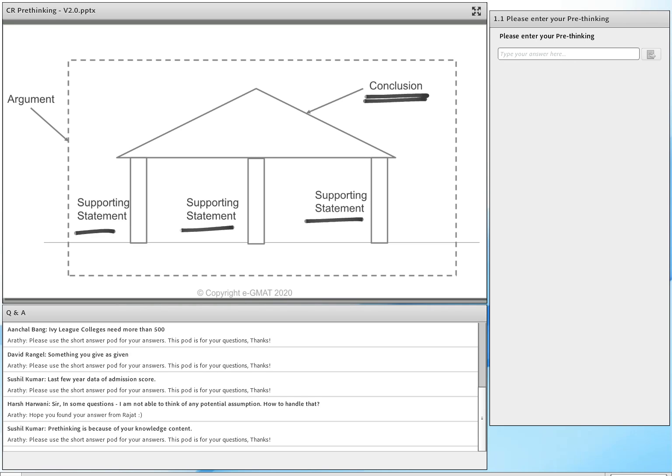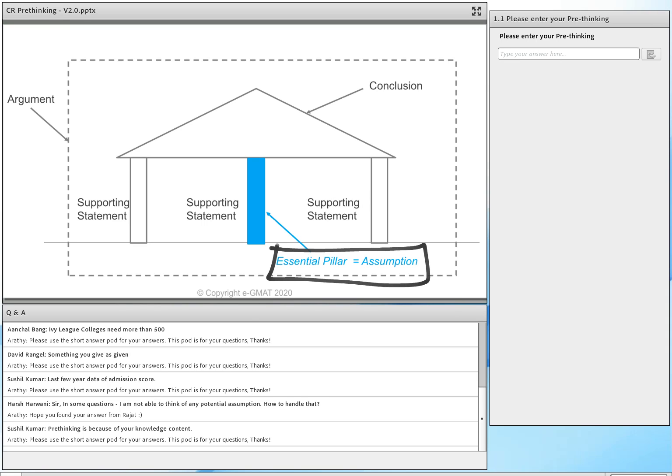It increases your belief in the conclusion, or in other words, it increases your belief that the roof is going to stay strong. But not every statement is necessary to keep the roof upright. Only one statement, maybe this middle one, is required to keep the roof upright. And that statement, that essential pillar, is an assumption.